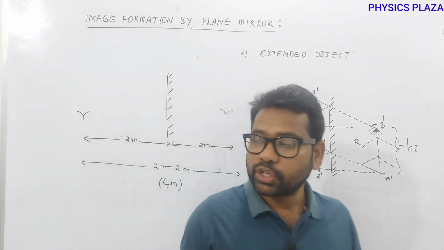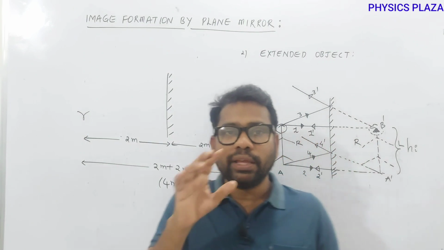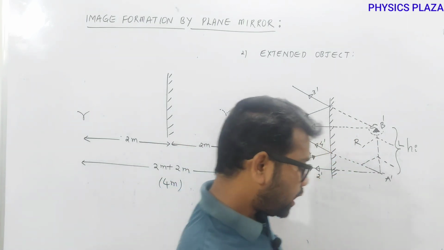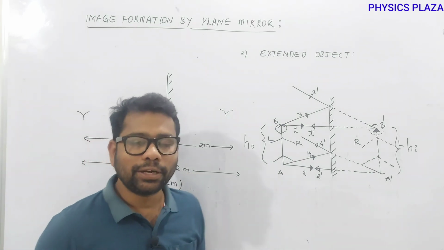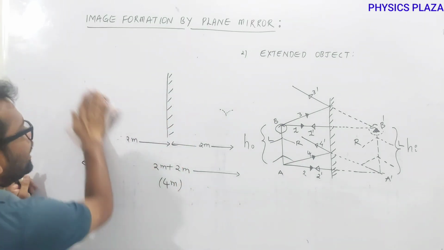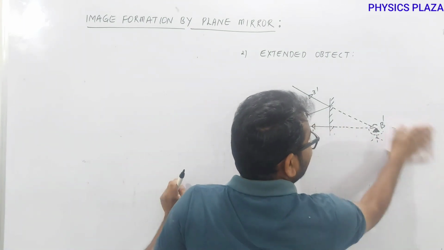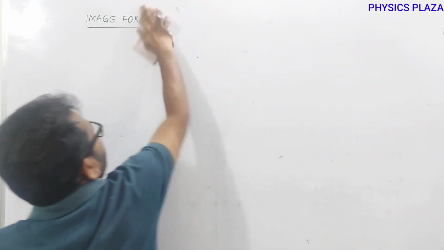Okay children, these are the questions which we can expect from this unit A of the reflection of light. Now, till now we have discussed only one plane mirror. Now let us see what happens when two plane mirrors are taken, which are inclined, and how many images are formed.